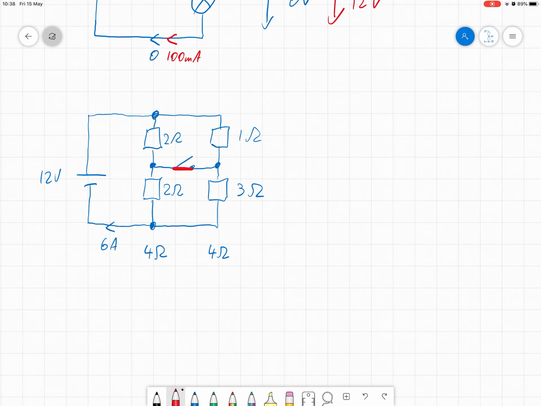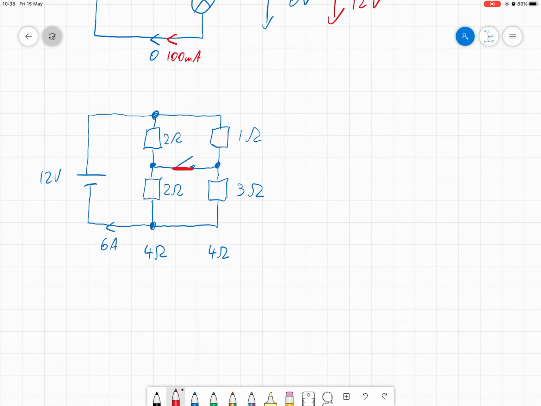Now we have 2 resistors in parallel at the top and 2 resistors in parallel at the bottom. So our previous analysis is no longer applicable. Instead, we need to look at this as 2 parallel resistors in series to 2 parallel resistors. And the way to analyze that is, of course, to look at the inverses of the resistances.